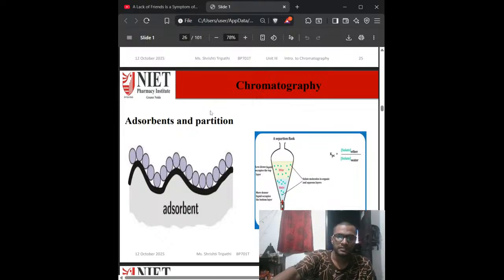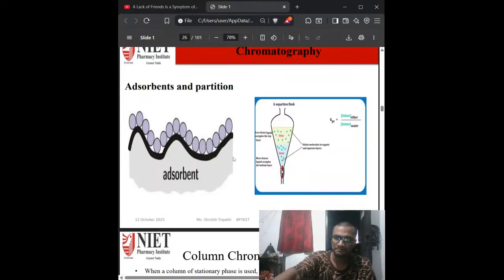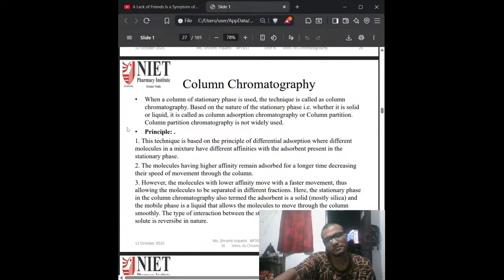The adsorbents and the partition. When a column of stationary phase is used, the technique is called column chromatography.